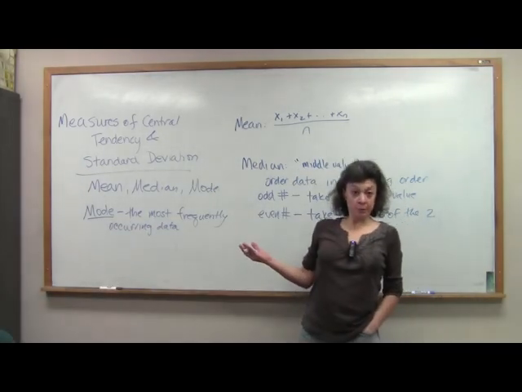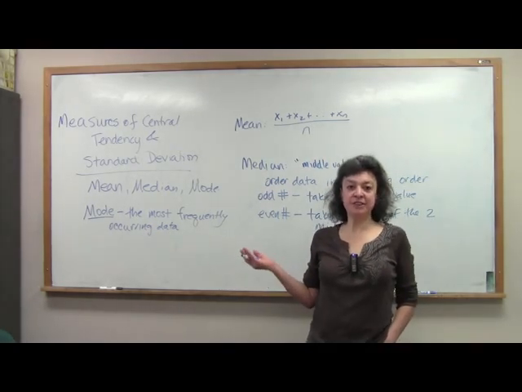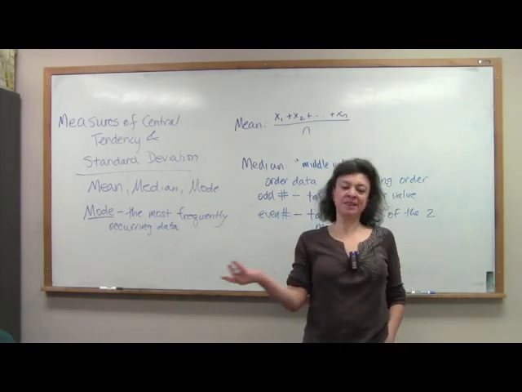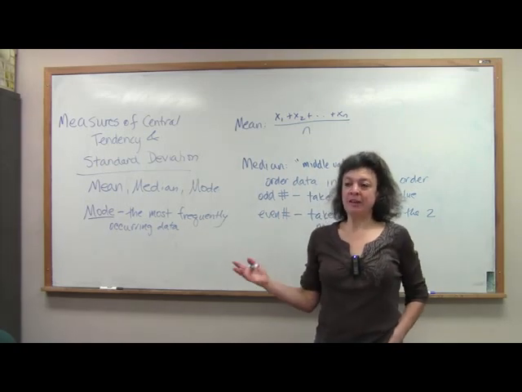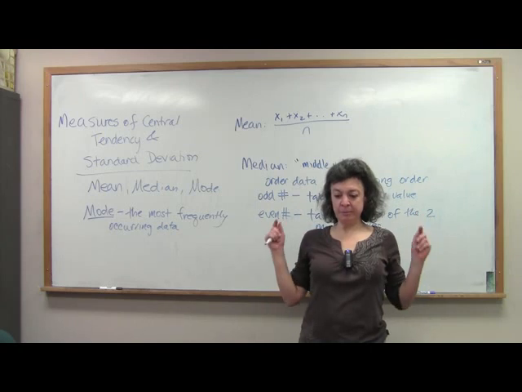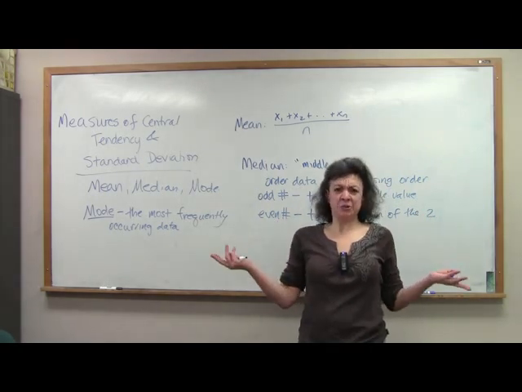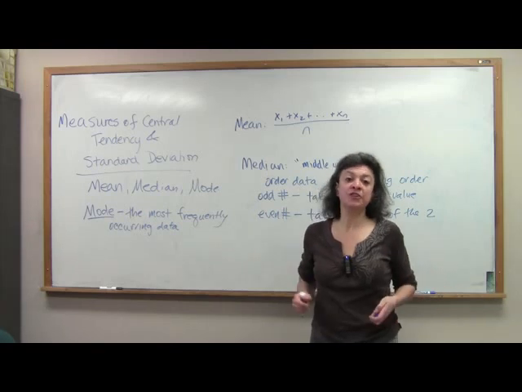There can be more than one mode. There can be no mode. I mean, for example, if every data point appears just once, there is no mode. If all the data points, but two of them appear one time, and then each of these other ones appear, say, 3 times, then we have 2 modes.